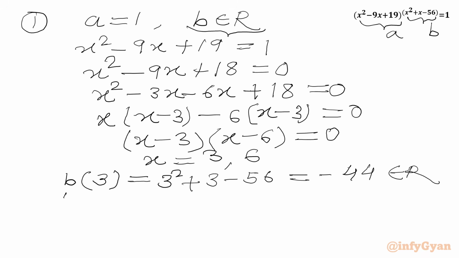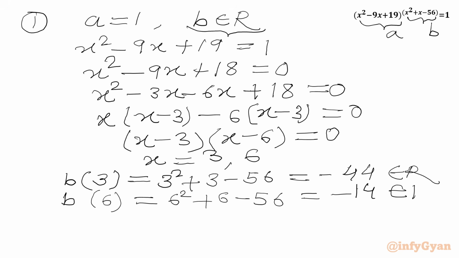Now we will check b of 6. 6 square plus 6 minus 56. 36 plus 6, 42 minus 56, minus 14, belongs to real numbers. So our solutions x equal to 3 and x equal to 6 are correct solutions as per condition.